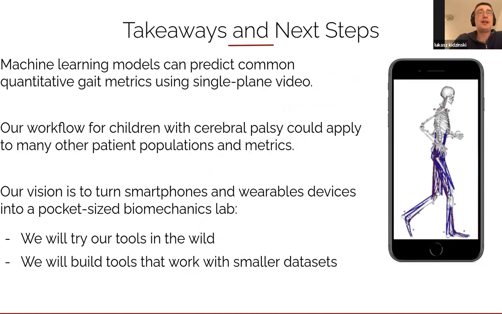So what are the key takeaways from this work? First, we showed that those techniques already are at the point that they can be used in practice, at least for research in cerebral palsy for analysis of gait.